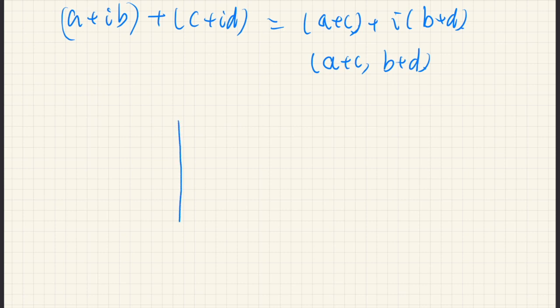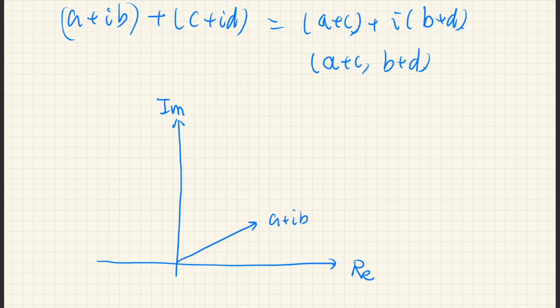Okay, so let's draw a picture. This is the real axis and this is the imaginary axis. Suppose a plus ib is this point, so this corresponds to a, b. And suppose another point is here, c plus id.